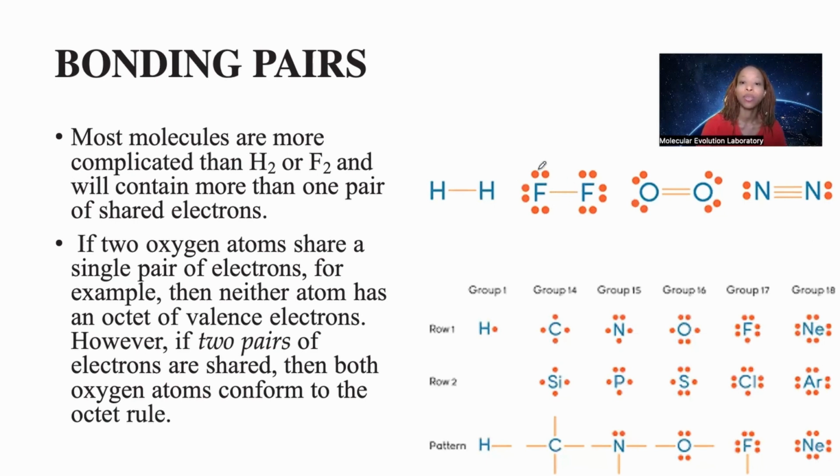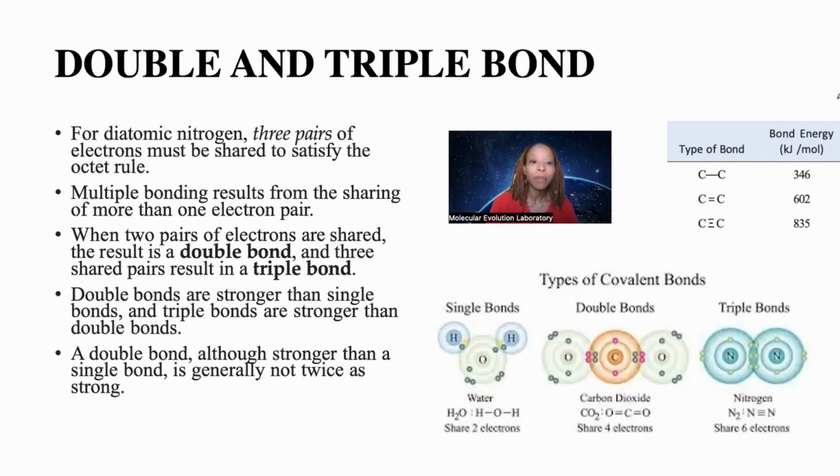So this would be 2, 4, 6, 8, and this satisfies the octet rule. This would be 2 bonding pairs, which would be 2, 4, 6, 8, and this satisfies the octet rule as well. 2 nitrogen atoms, 2, 4, 6, 8, would satisfy the octet rule as well. For diatomic nitrogen, 3 pairs of electrons must be shared to satisfy the octet rule, as we've just seen.